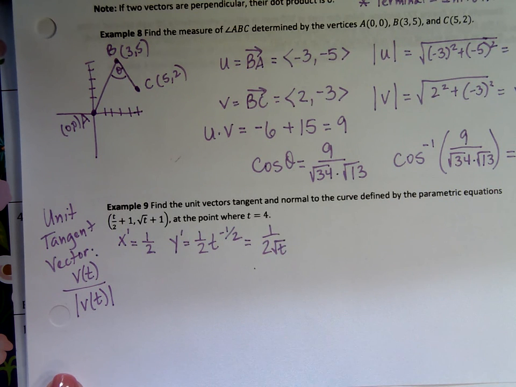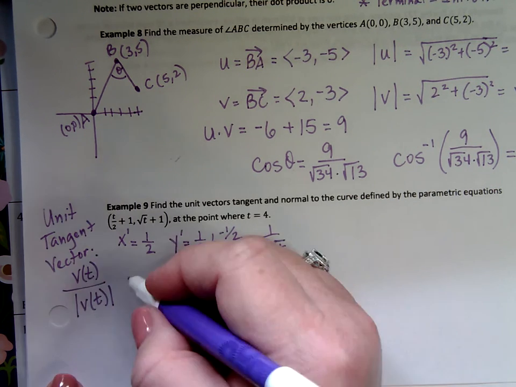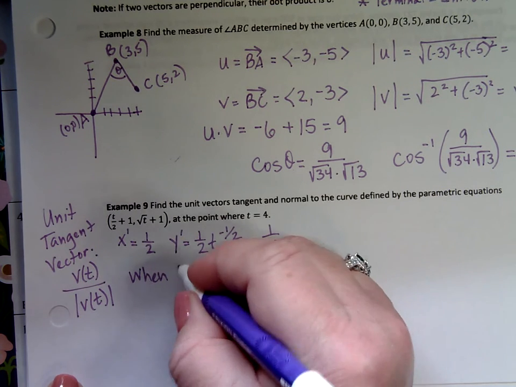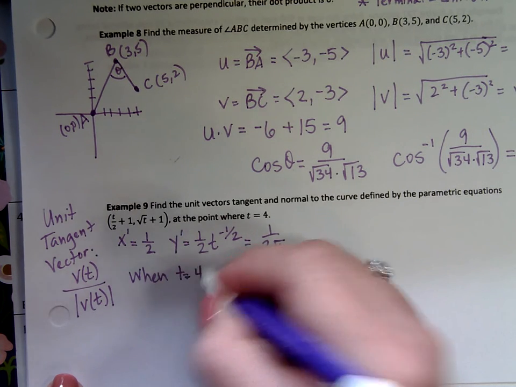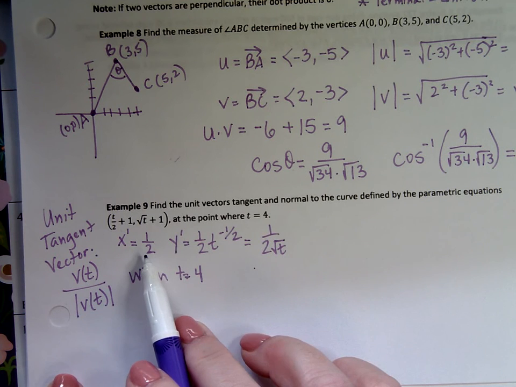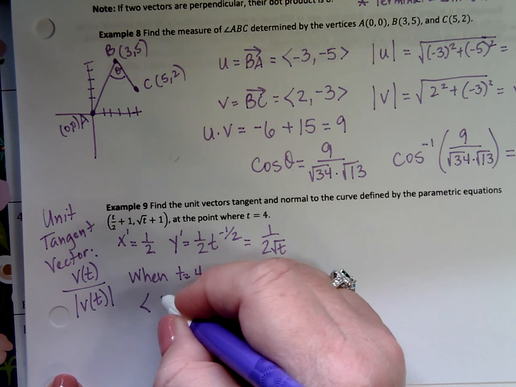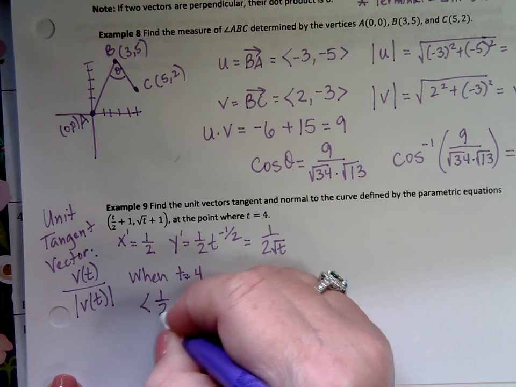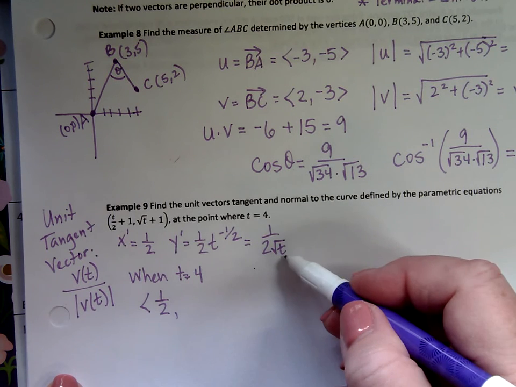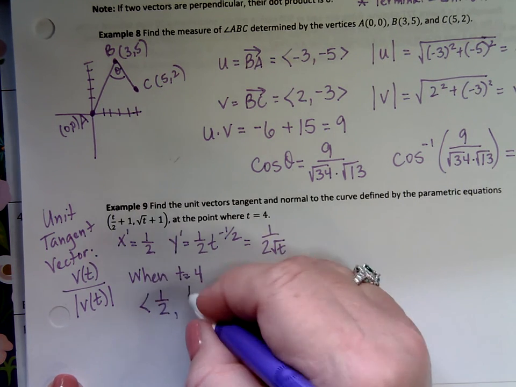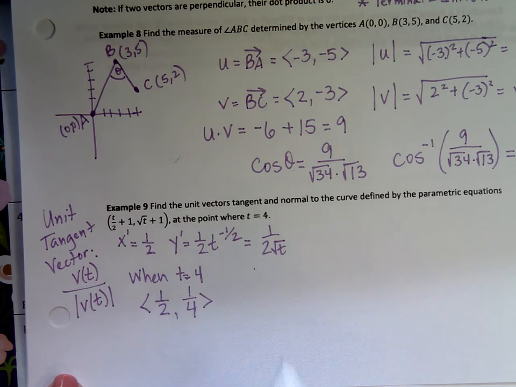Now, did they give me a t value? They did, when t equals 4. So I'm going to take 4 and plug it in. Now this has nothing to plug it into. So my result for the first x prime is just a 1/2. If I put a 4 into this guy, square root of 4 is 2. 2 times 2 is 4. This becomes a 1/4. That's this piece right here.